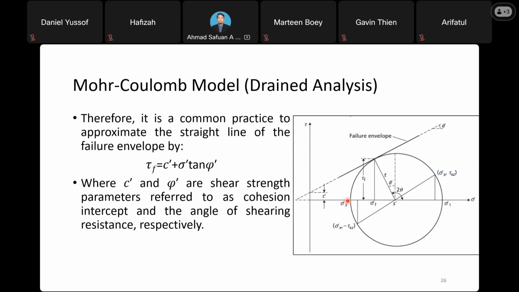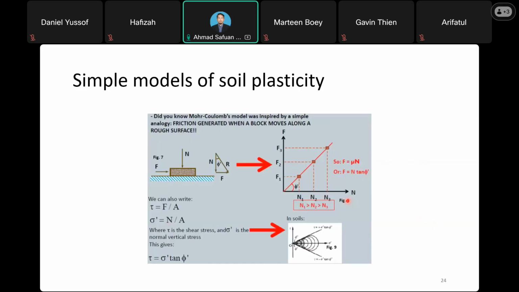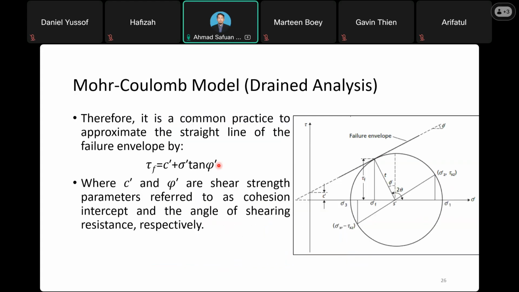So this value is for the undrained, while this value is for the drained.